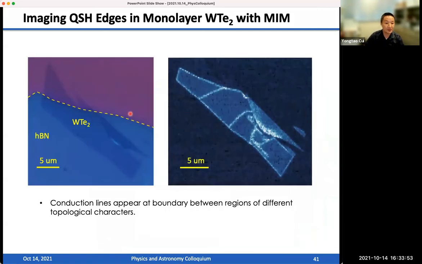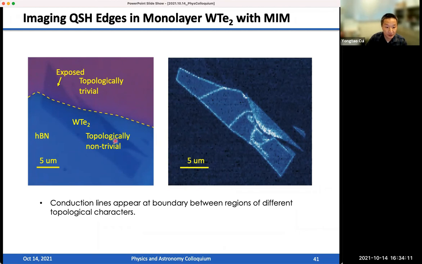And here's another example of this material. In this case, this tungsten telluride is only partially covered by the hexagonal boron nitride. So that means this corner is actually exposed. So that becomes trivial in terms of topological property. And this bottom side is still a topologically non-trivial part.